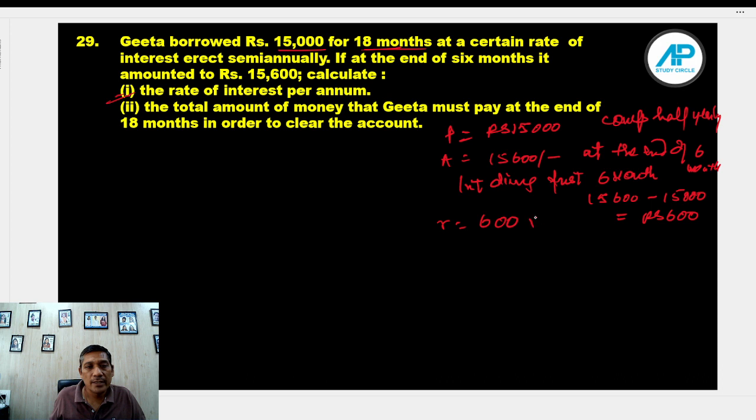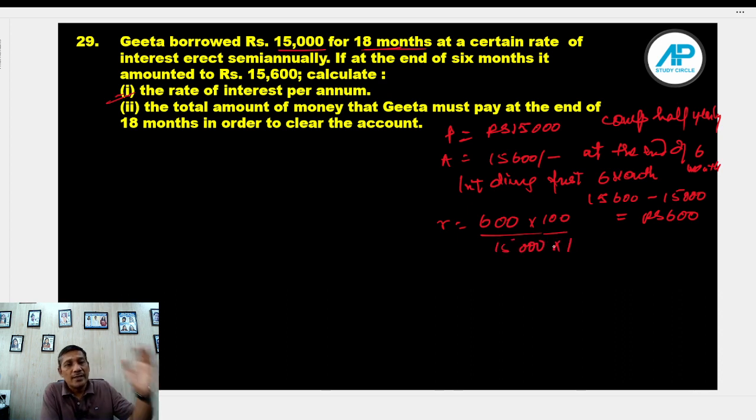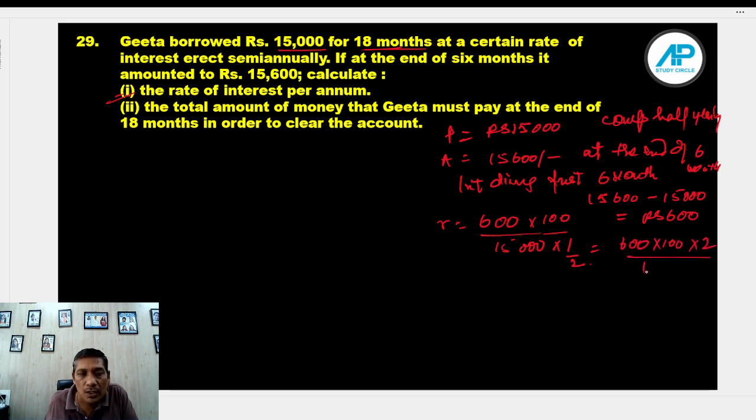So 600 into 100 upon P into T. P is the money on which the value is increasing, and T is the time for which it is increasing. So I see here that it is increasing for 1/2 years. So I take this 2 there, and this is giving me 600 into 100 into 2 upon 15,000. All right, I guess I'm clear till here.